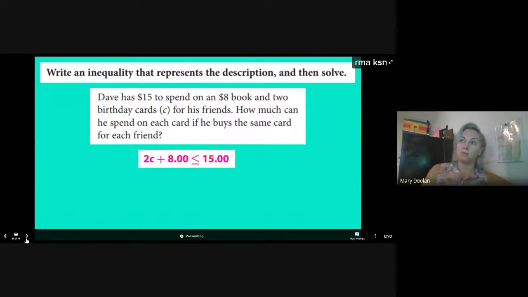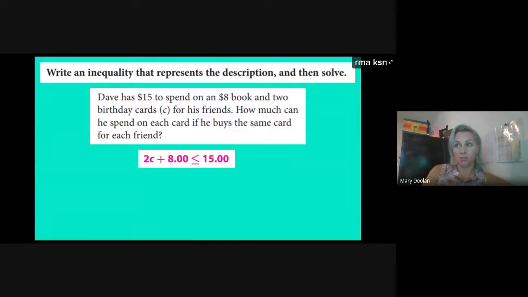Now, this is the inequality that we get from this situation. 2, because there's 2 cards, 2 times the price of a card, which is the same card because it says so, adding $8, that's the price of the book. That amount has to be less than or equal to 15.